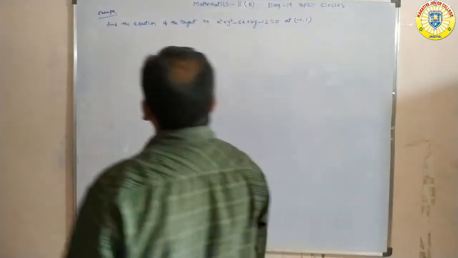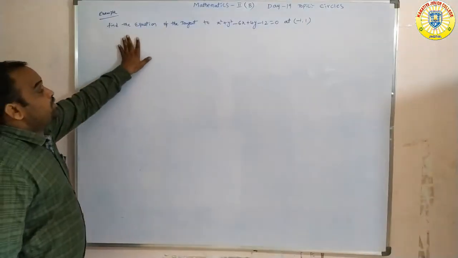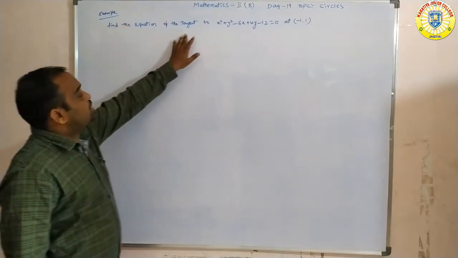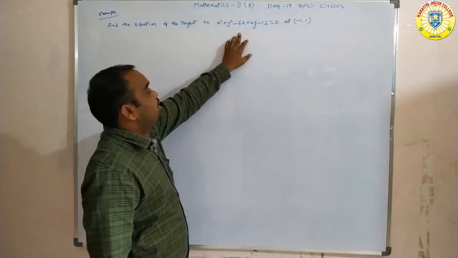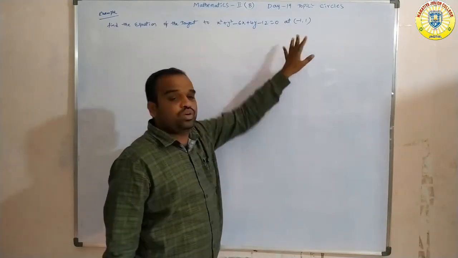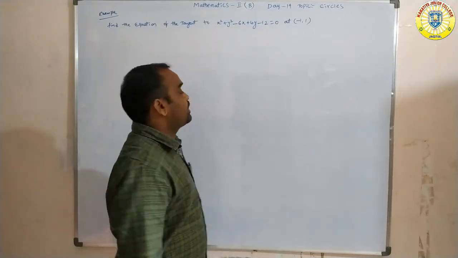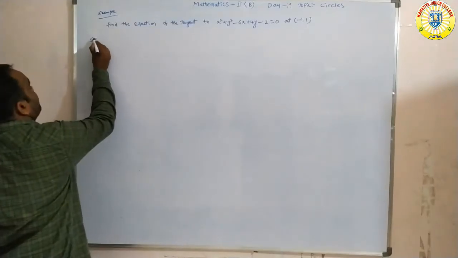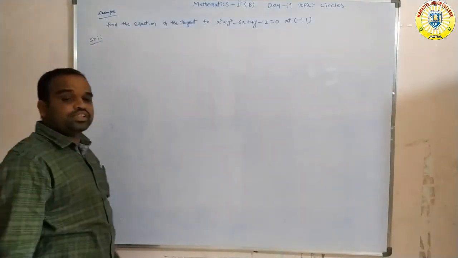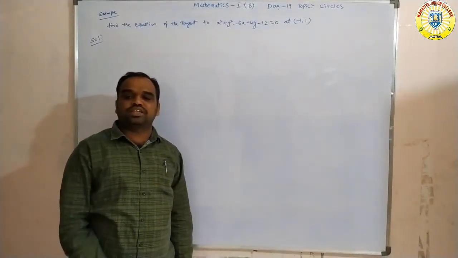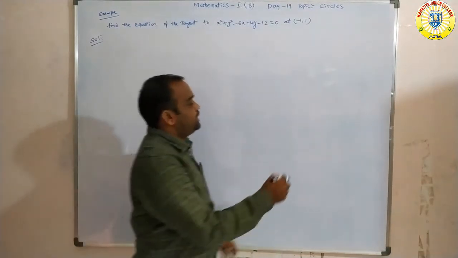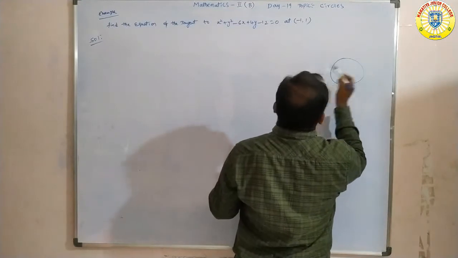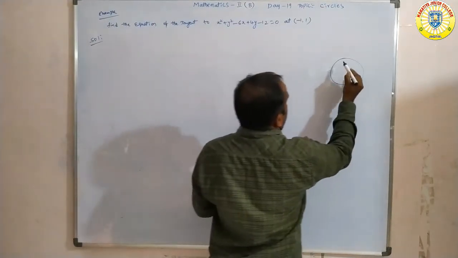So see here, example. Find the equation of the tangent to the circle x square plus y square minus 6x plus 4y minus 12 equal to 0 at minus 1 comma 1. See the solution. We are finding the equation of the tangent, already we discussed in the theorem statement. See here, the circle is there, and there is a point.